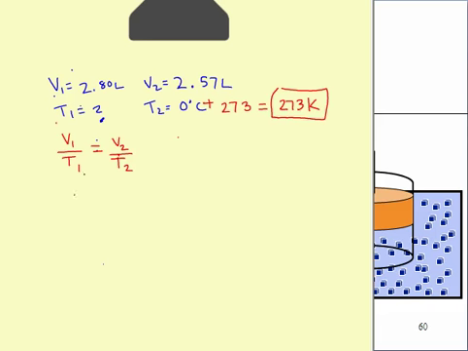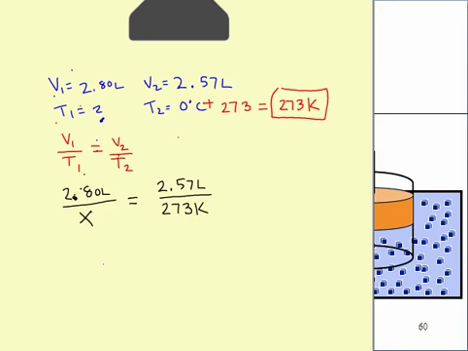My original volume is 2.80 liters. My original temperature, I'm just going to call X. And then my second volume, 2.57 liters, and my second temperature, 273 Kelvin.